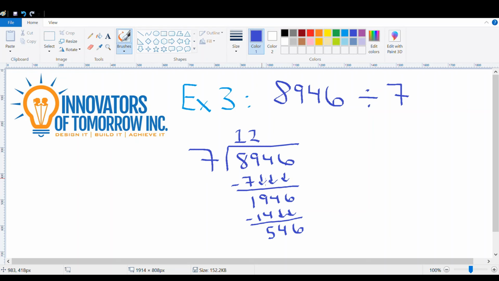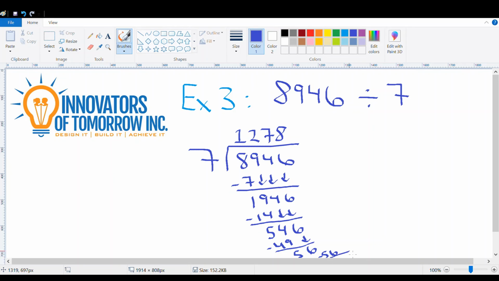7 can go into 54 7 times, so we put 7 up top. 7 times 7 equals 49. 54 minus 49 is 5, and we drop 6. We now take 7, see how many times it can go into 56. It can go into 56 exactly 8 times. 8 times 7 equals 56.